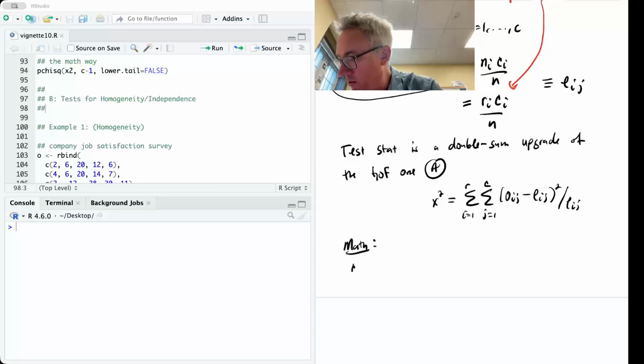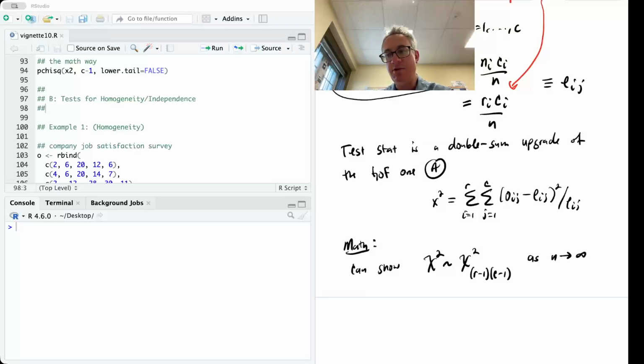You can show, using a central limit theorem like argument, that the distribution of this statistic is chi-squared with R minus 1 times C minus 1 degrees of freedom as n goes to infinity.